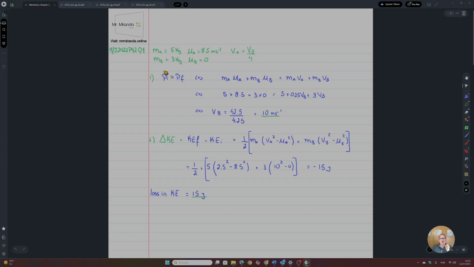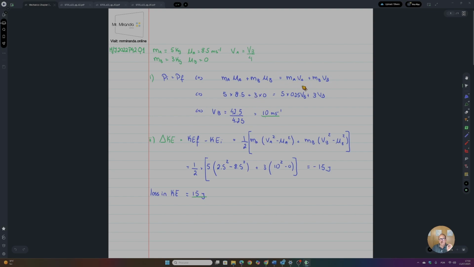If you just use the law of conservation of momentum, you'll get what you want. The initial momentum total equals the total final momentum. The total initial momentum is due to both objects, so you have MAUA. No, it's not. It's due only to the first object, object A. Object B, the initial velocity is going to be 0, so the total momentum of object B is going to be 0.